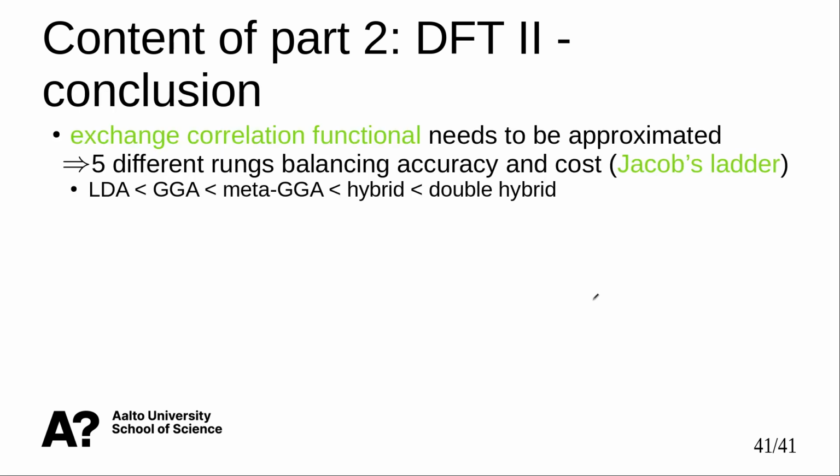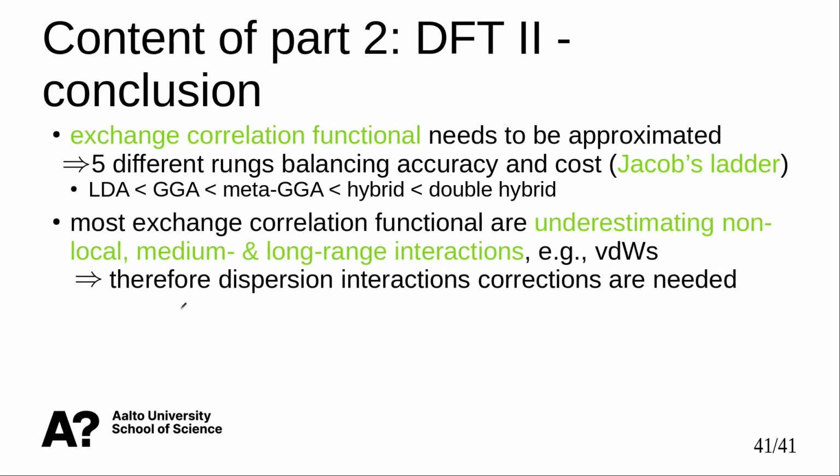So in conclusion, we saw that the exchange correlation functional needs to be approximated, and we have 5 different rungs balancing between accuracy and cost, where LDA is rung 0, whereas double hybrids are rung 5. We also discussed that most of those functionals underestimate non-local, medium and long-range interactions like the van der Waals interaction, so we need to correct them in order to get the right dispersion interactions.